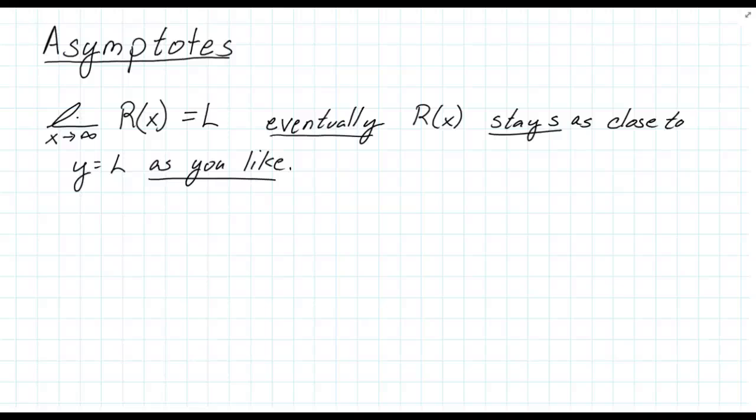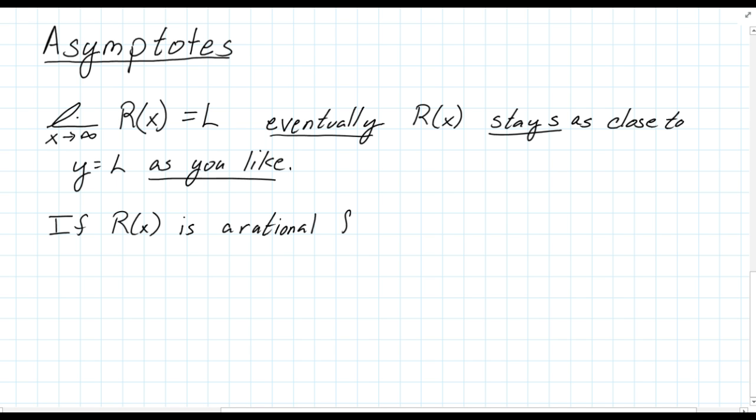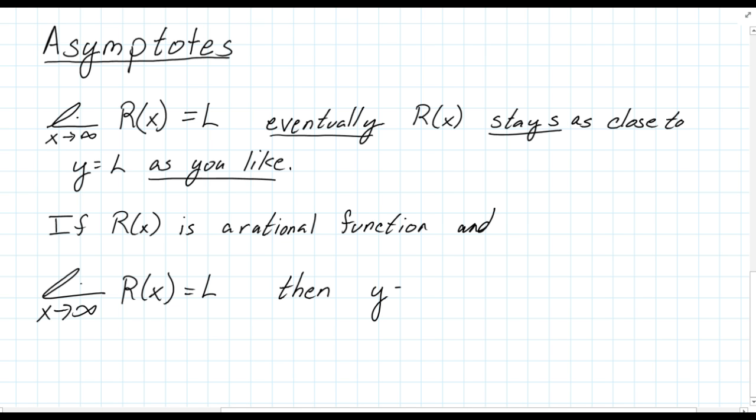So now what does that have to do with horizontal asymptotes? Well, if r of x is a rational function, and the limit as x goes to infinity of r of x equals L, then y equals L, the line, is a horizontal asymptote of r of x.